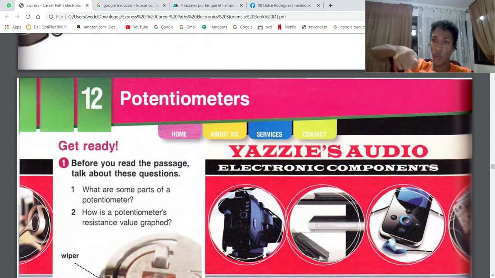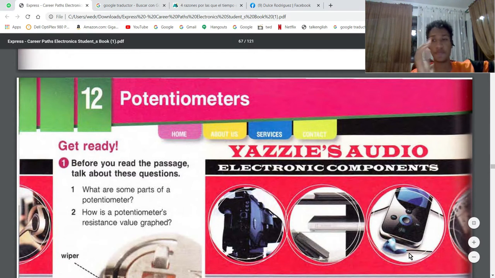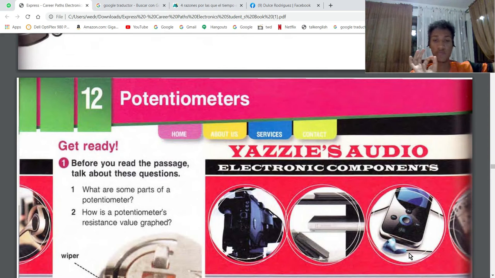For example, in a headset, you have a button. You can put the music louder or lower. So that button is a potentiometer.